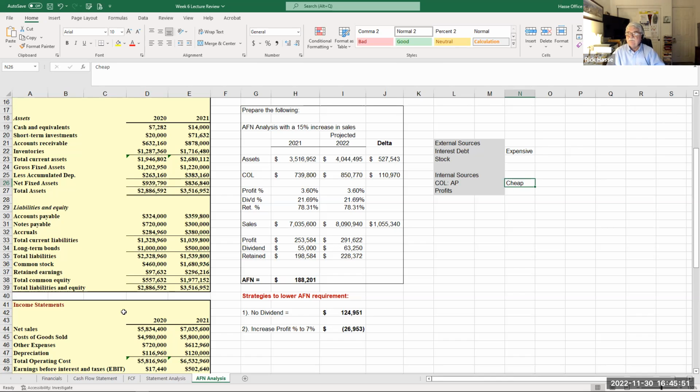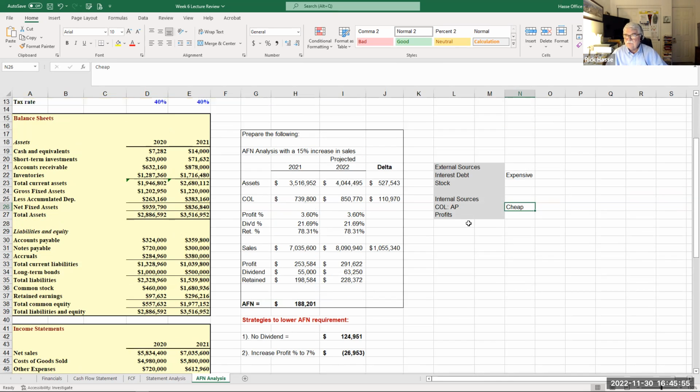Well, the money is going to come from two sources. Internal sources, which are the profits of the company, and borrowing the money short term: current operating liabilities, accounts payable. You can fund your business by borrowing money for 30 days. Those are internal sources of capital, profits and operating liabilities, short-term liabilities.